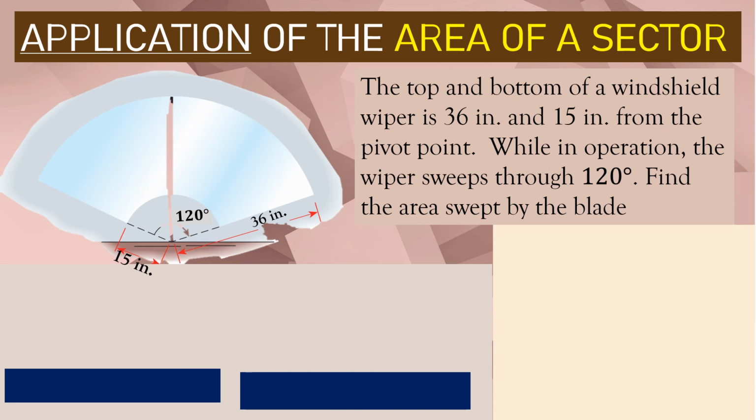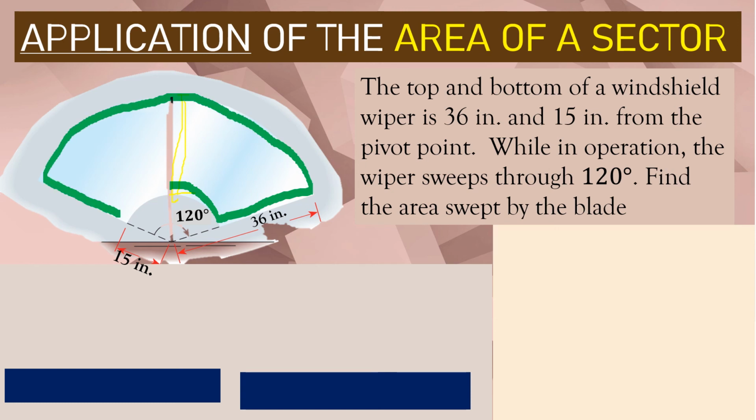Now, take note na ito lang yung portion ng blade na nagwo-wipe o nagsisweep. So, ibig sabihin, it is in this portion. Ito ang tinutukoy niya. Ito lang yung dinadaanan ng wiper.